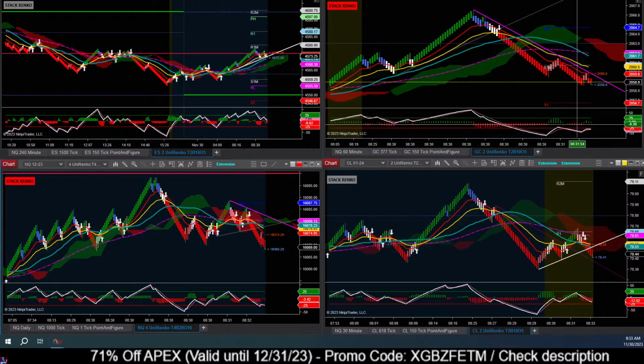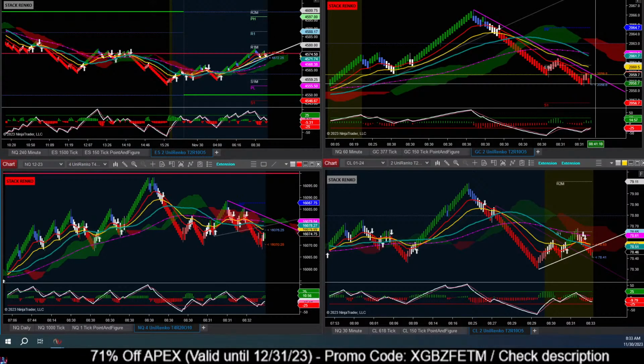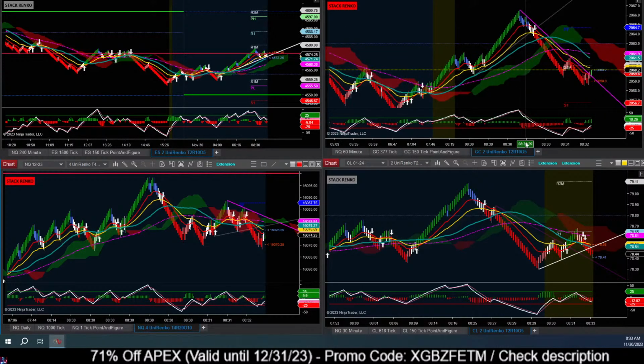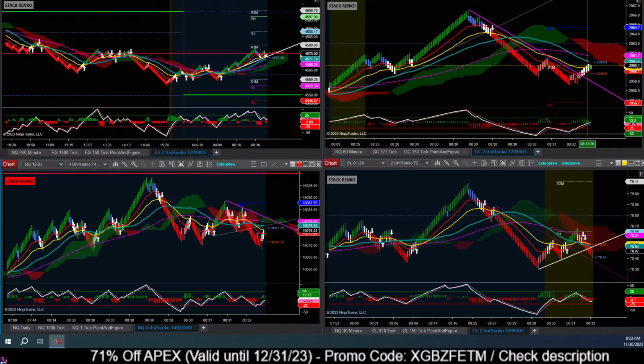There's a divergence in momentum, so potential range here at this low level in gold. And it's coming back up. Momentum is reset.